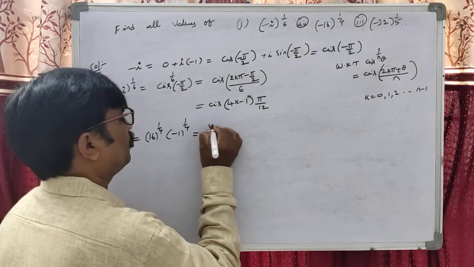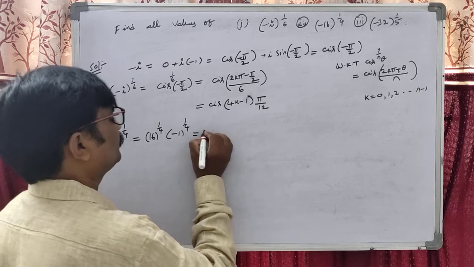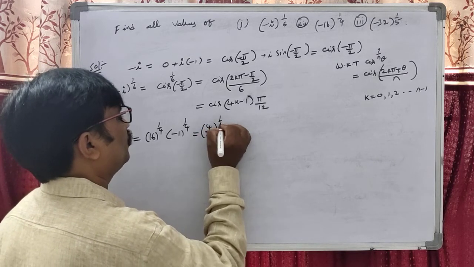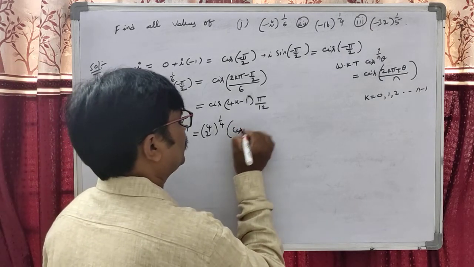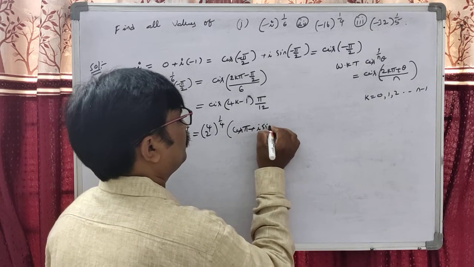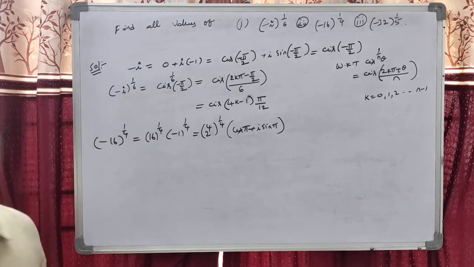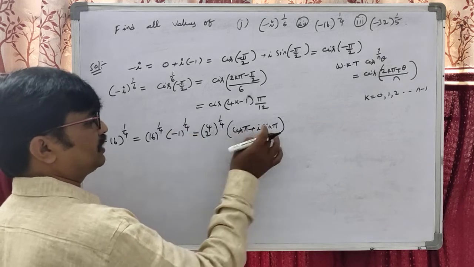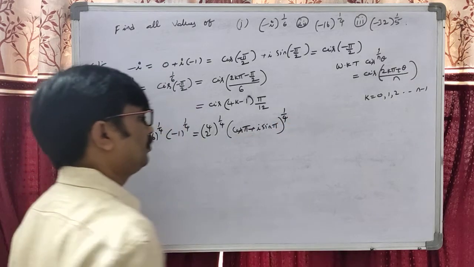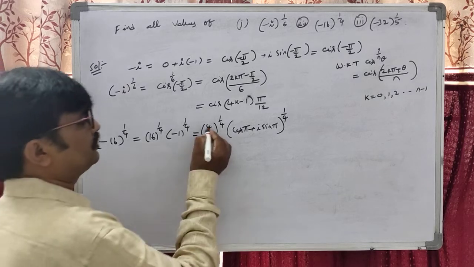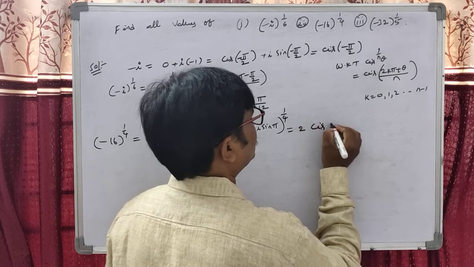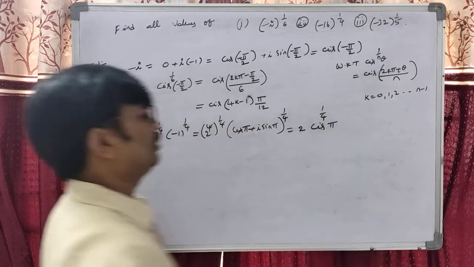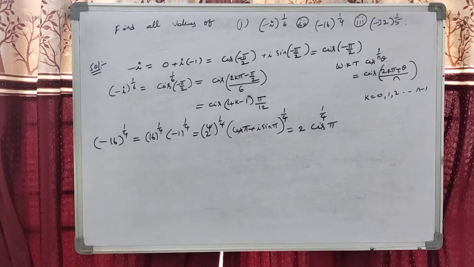We know that 16 is 2 power 4, so (2⁴)^(1/4), and −1 can be written as cos π + i sin π, whole power 1/4. Cos π is −1, sin π is 0. 2⁴ whole power 1/4, the 4s cancel, this is 2. Now this is cis π whole power 1/4.